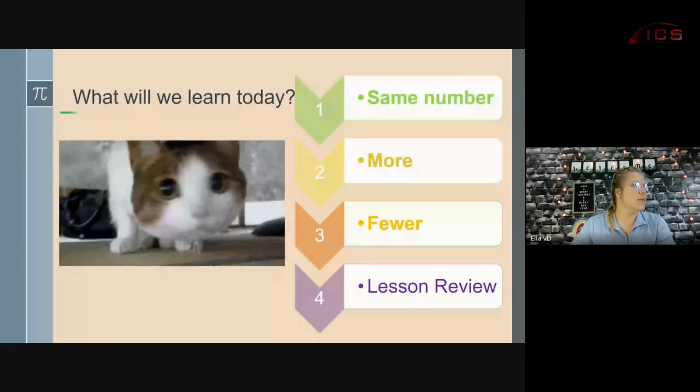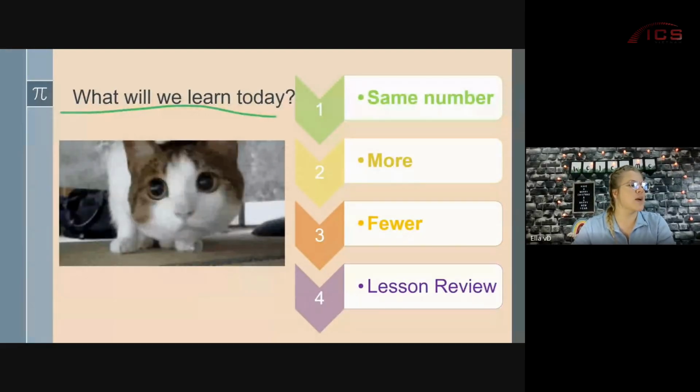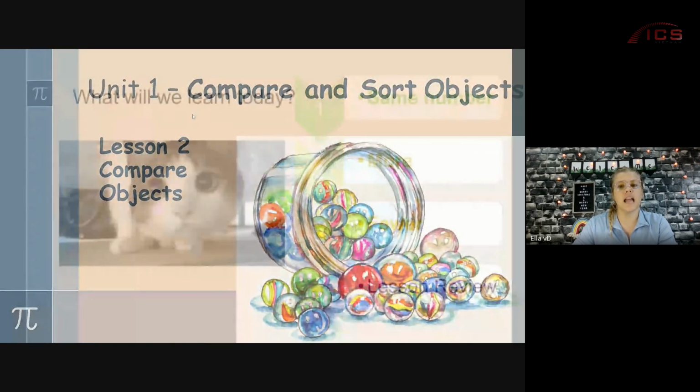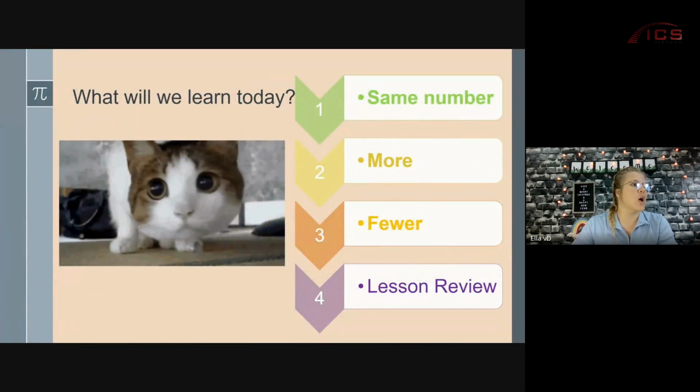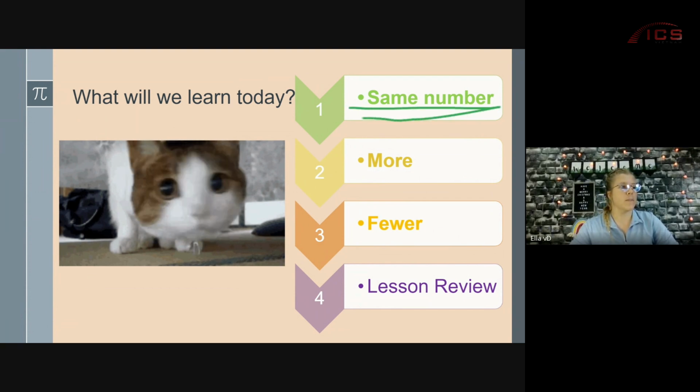All right, so what will we be learning today? Today we are going to be looking at comparing and sorting objects. We're going to look at this in further detail, just like we did in the last lesson. Today we're going to go through same numbers, comparing and sorting the same numbers.